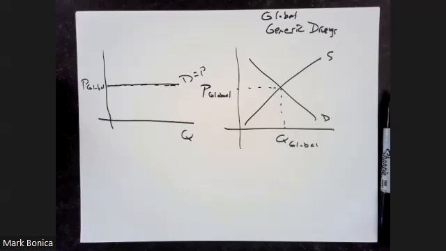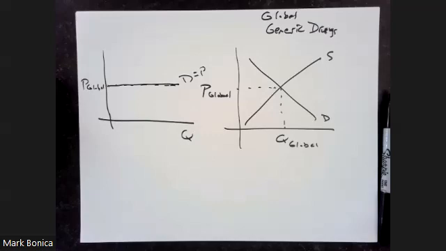But if you sell at the global price, you can sell as much as you can produce. You would never sell below P global, because why would you do that? Let's say the global market price is $2 a bottle. Why would you sell for less than $2 a bottle if you can always get $2? You'd just be losing money from the get-go.